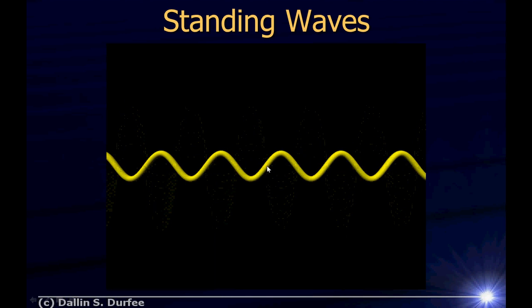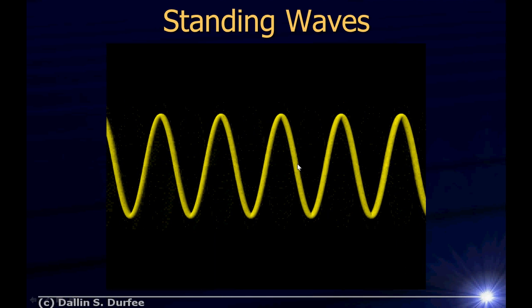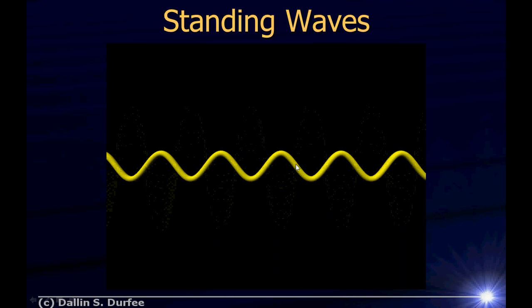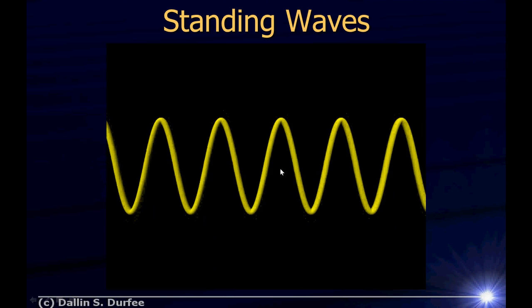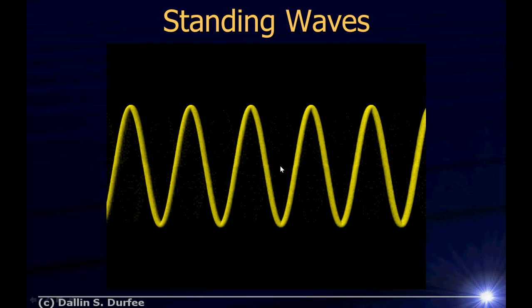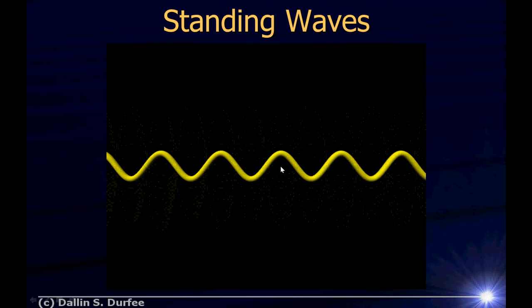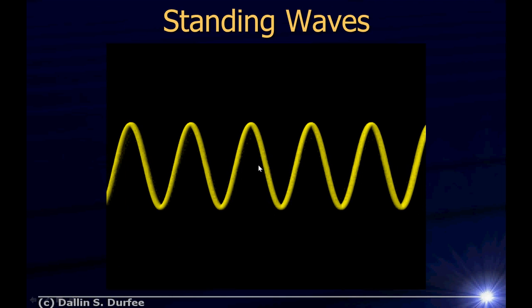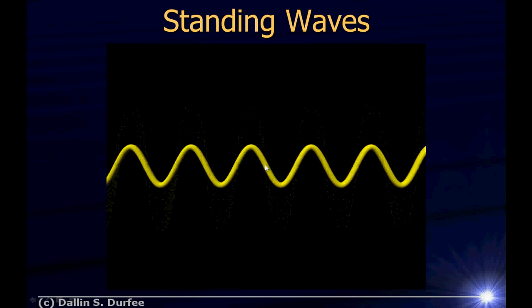So if I move over, boom, here's one wavelength. If I move over half a wavelength, sine of pi is 0, I get 0 amplitude here. But if I move a quarter wavelength from the center, sine of kx is equal to 1, and I get the full amplitude of my traveling wave. So once again, the full amplitude of my standing wave.